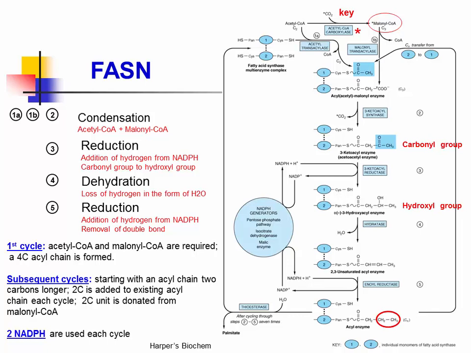So plus this first cycle, that's a total of 7 cycles. Does that make sense? Because you only have 4 carbons formed after the first cycle, and you need 12 more carbons for 16-carbon palmitate. So you need to run another 6 cycles, plus the first one, so actually a total of 7 cycles. Right? Does that make sense?